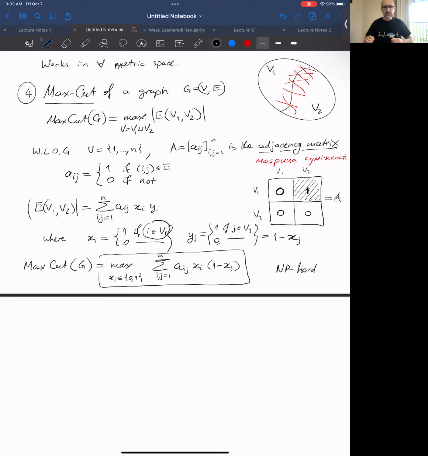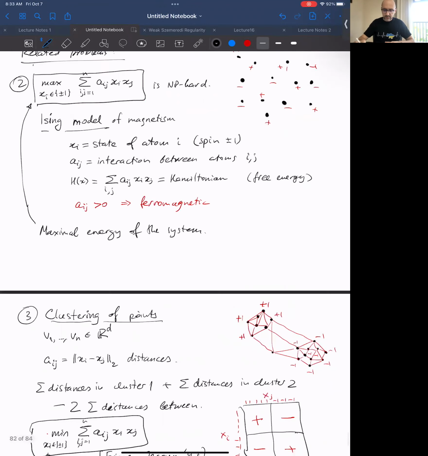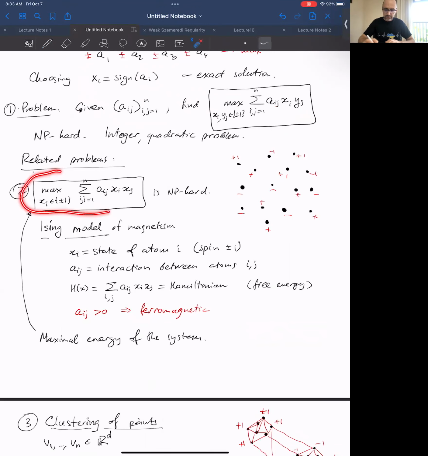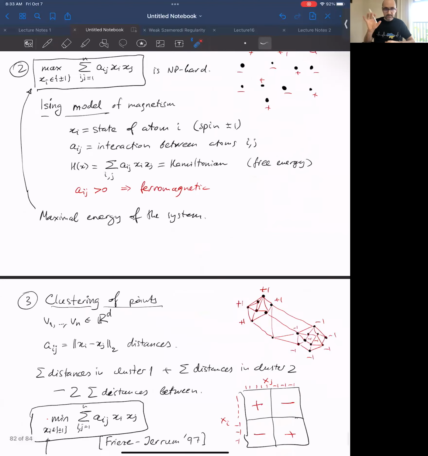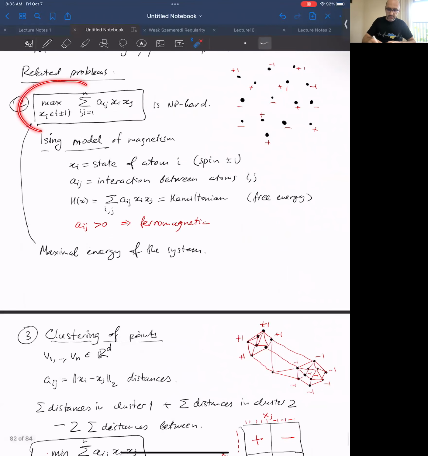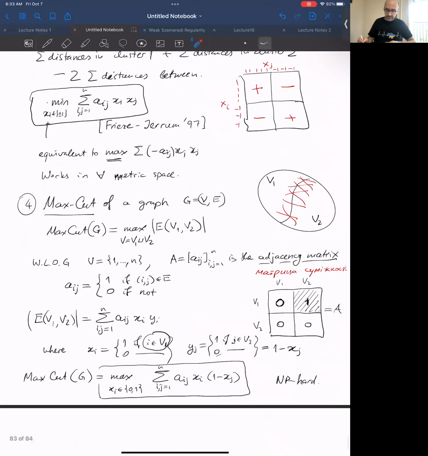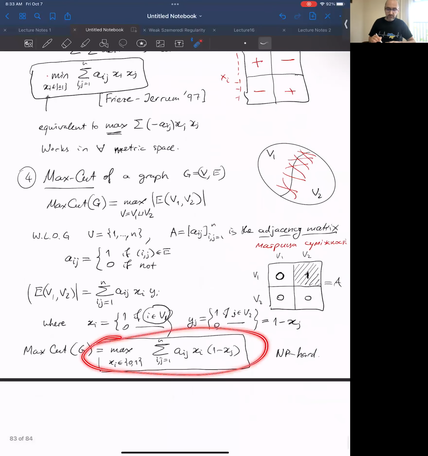But then we have these problems coming over and over. That's various forms of this problem. Maximize the quadratic form over a discrete set, in this form over the Boolean cube, either by linear form or quadratic form, or some version of the quadratic form like this.